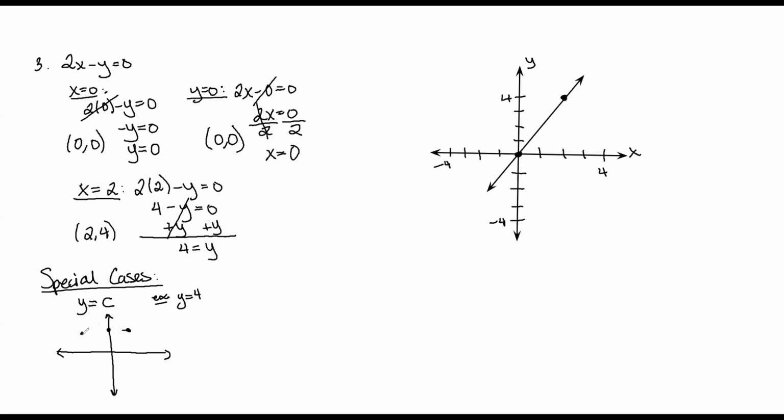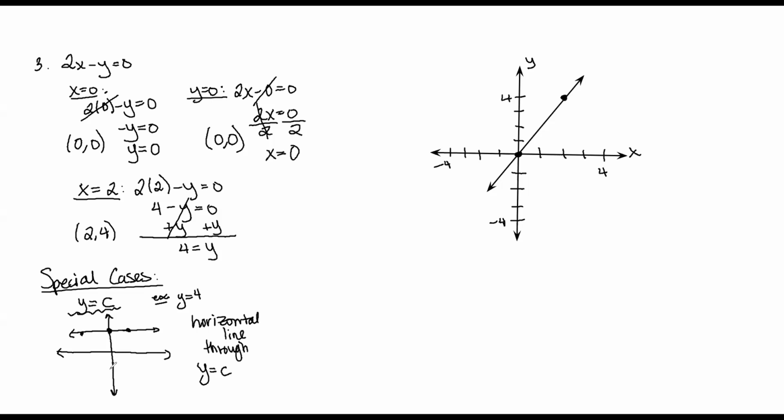So it can be any point along this horizontal line. And so whenever you have this special case, y equals some number, it's always going to be a horizontal line through y equals c, whatever that number is. So if this one was 4, it goes through 4. If it was y equals -2, it would be down here.